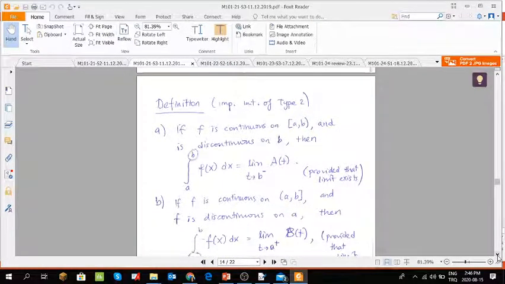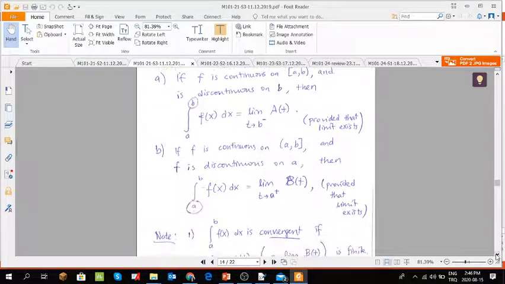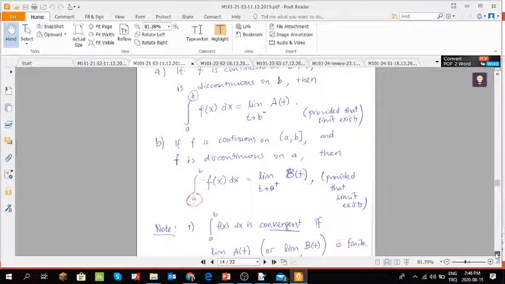If f of x is continuous on a half open interval and discontinuous at one point b, then this integral is the limit as t approaches b from the left of A of t. I mentioned this before in my first talk. If f is continuous on a half open interval, a not included, and f is discontinuous at a, then the integral from a to b of f of x dx is the limit as t goes to a from the right of B of t, provided that the limit exists.